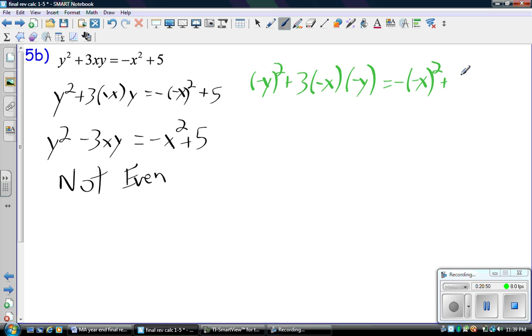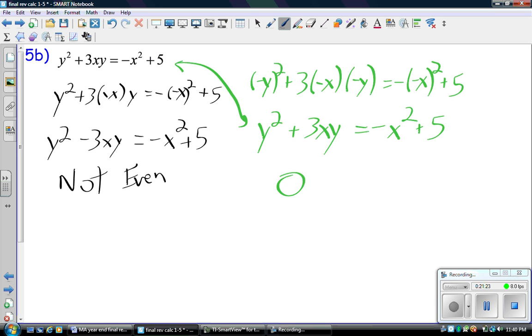Everywhere I saw a y or an x, I replaced it with a negative of that. Squaring the negative y means positive y squared. Negative times a negative is a positive, so that's plus 3xy. Negative there stays. Negative x squared is just x squared plus 5. And lo and behold, same thing.